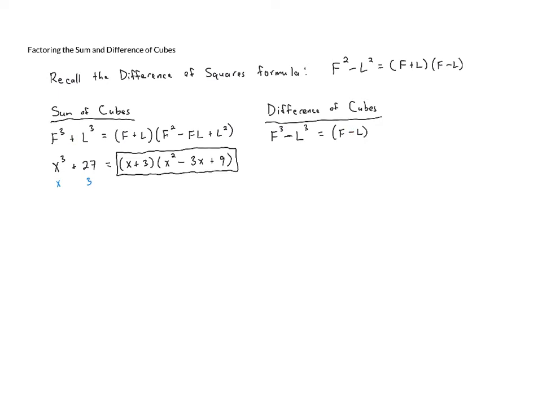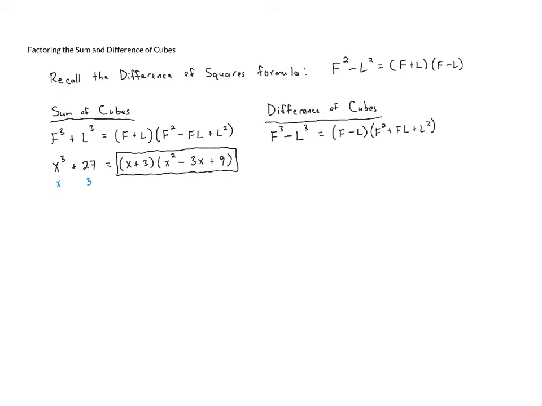And then for the sum, we've got a sum, and so plus plus minus minus. And then for the second factor, it's going to be f squared plus fl plus l squared. So it's really identical to the formula for the sum of cubes, except the location of the subtraction has changed. But otherwise, it looks pretty much identical.